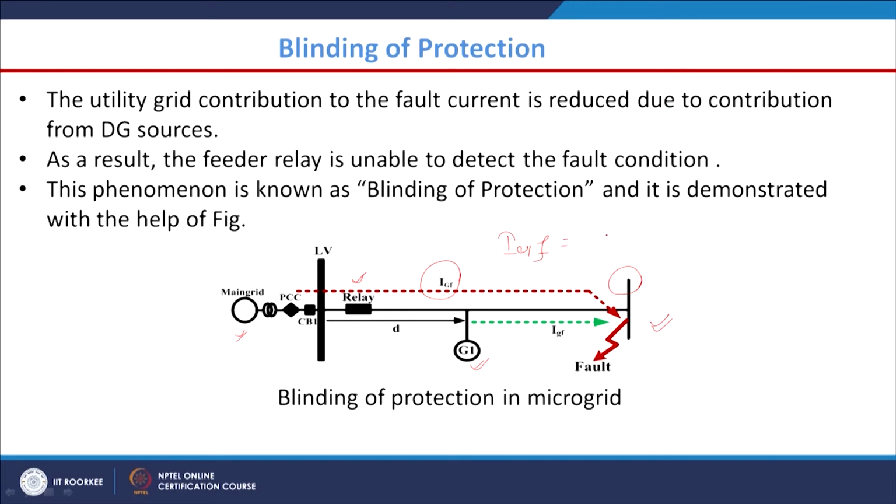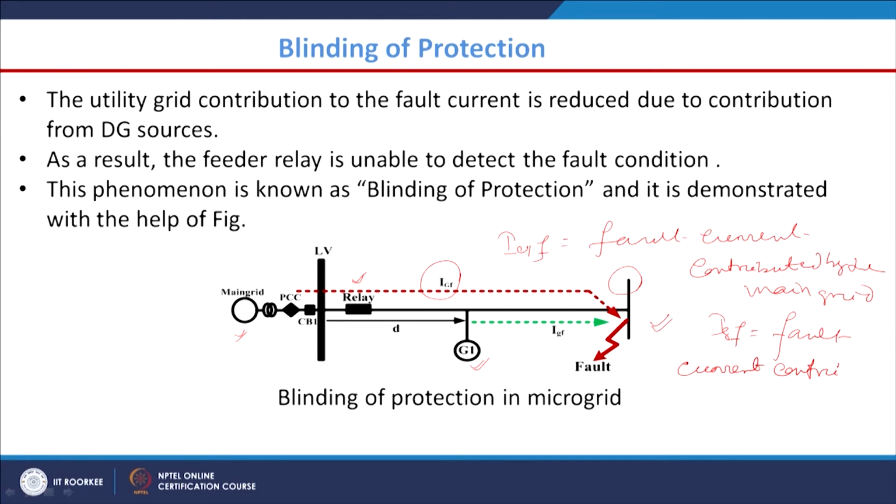This IGF is the fault current contributed by the main grid. And small IGF is the fault current contributed by the DG or DER.